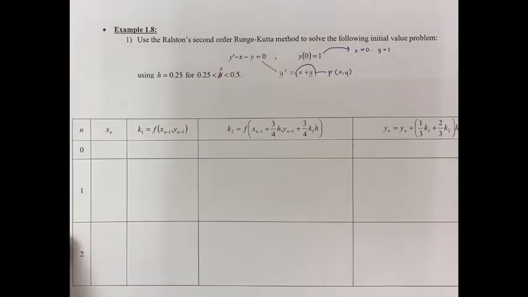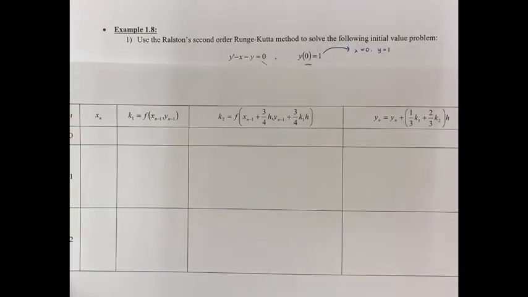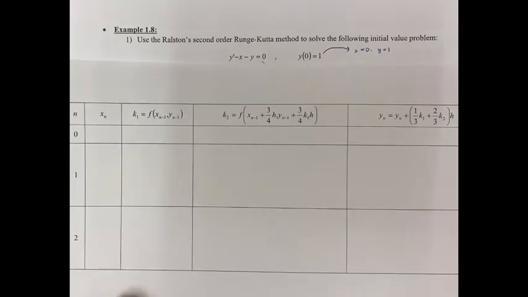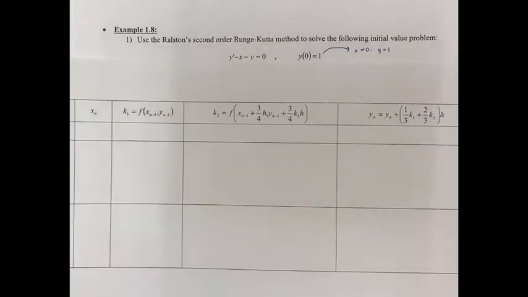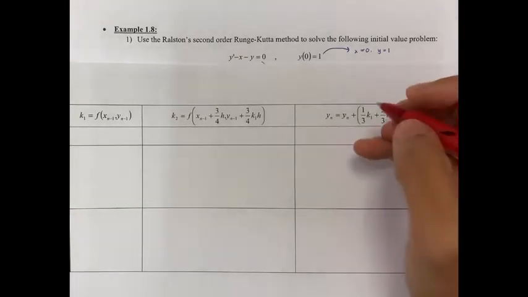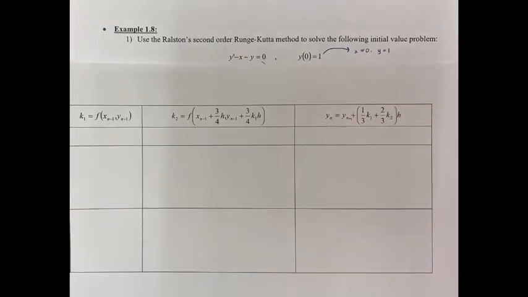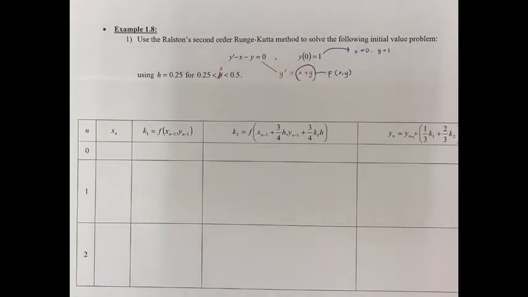So for this, you need to construct a table with 5 columns. First, you need to have your n column, the iteration, then xn as usual, then you have k1, k2 and yn column. So this is yn minus 1. Start your iteration with n equal to 0.